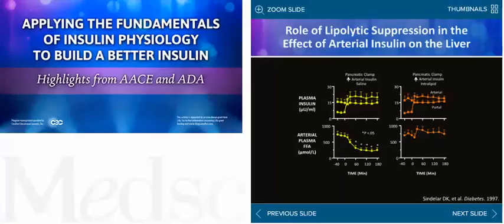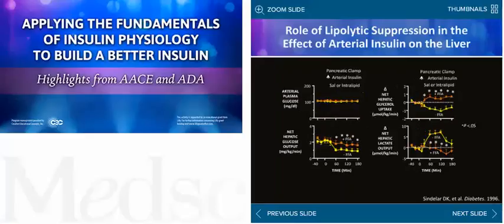Except in one case, we allowed fatty acids to fall, and in the other case, we infused intralipid and heparin and prevented that. And what you can see in the lower left is that indeed, when we redid the experiment that I just showed you, we got the same effect, a delay of 30 minutes and then a fall. But when we stopped the fatty acids from falling, we prevented that.